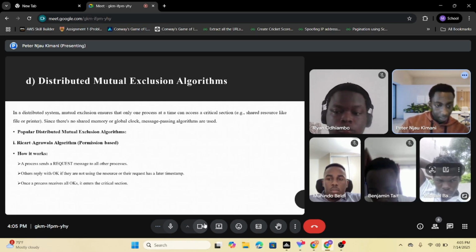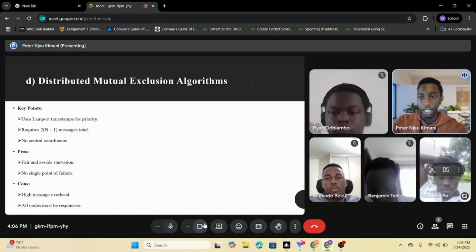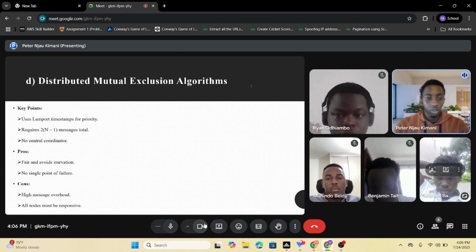If all the processes say okay, it enters the critical section. The key features include the Lamport timestamp, which is used to order requests logically so that we can know who came first.